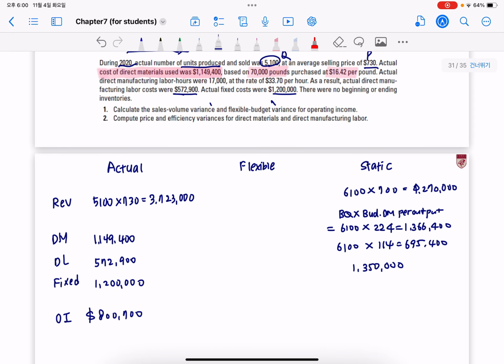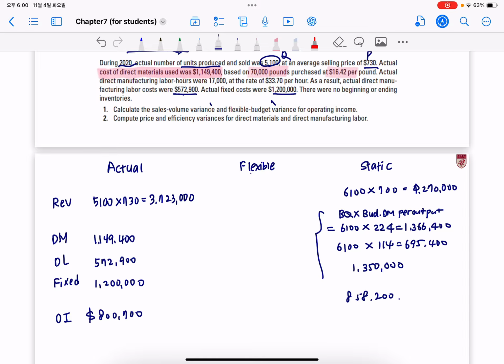All right. So let us also deduct these costs from the revenue. All right, then what we have is $58,200 as our bottom line number.